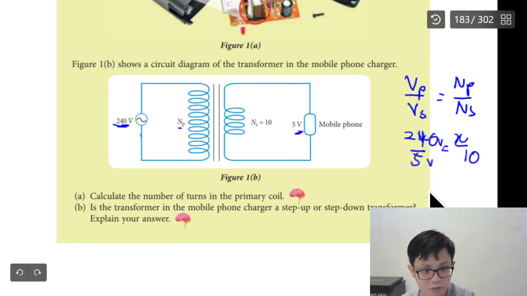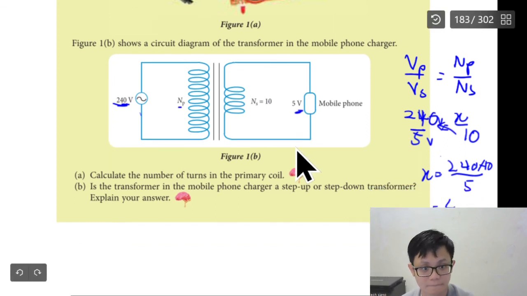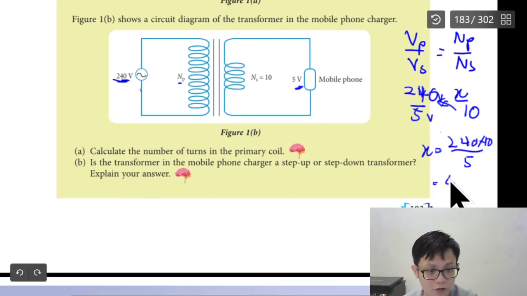So X equals, I do a shortcut, this one times this one divided by 5. 240 times 10 divided by 5, you will get 480 after you press your calculator. 480. Oh, this is your answer.